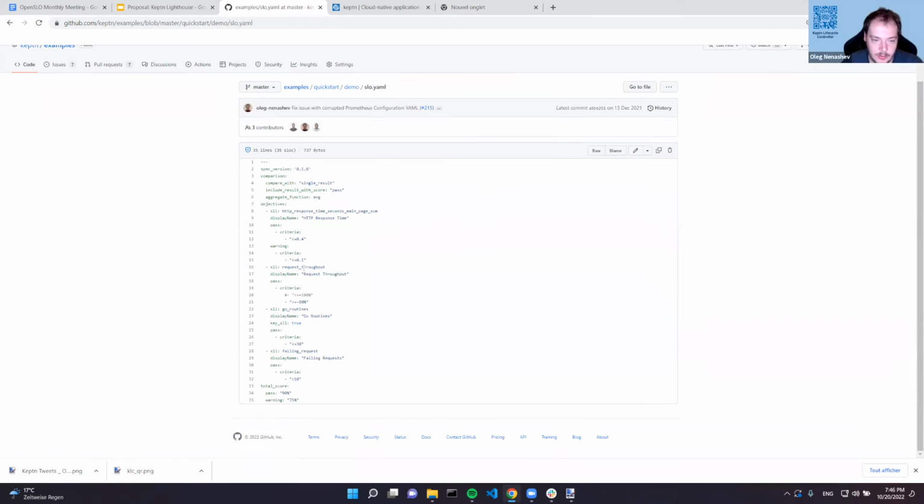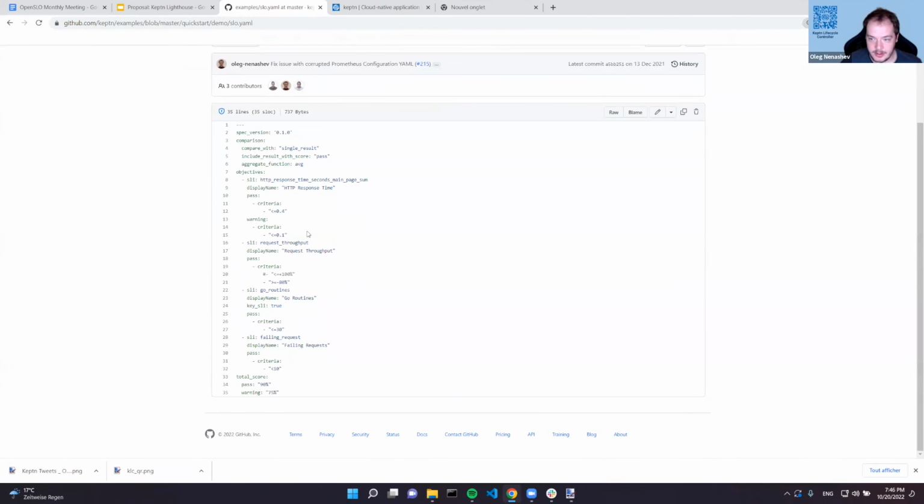Yep, no, you get it totally right. The thing in Captain is that we do both at the same time. This is an example of a Captain SLO file, and here we have support for definitions like that, with percentages, etc., which is the difference compared to the previous time frame, the previous evaluation. This is what you mean, and this is already supported in OpenSLO.